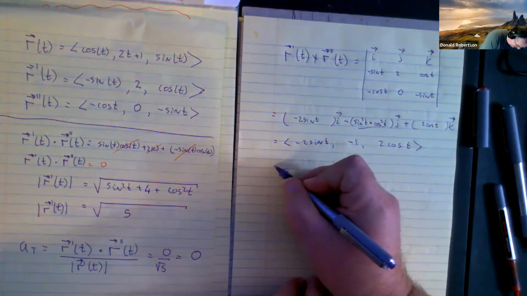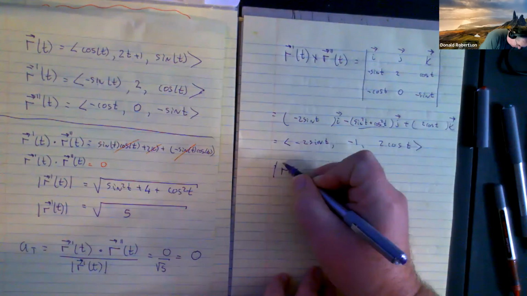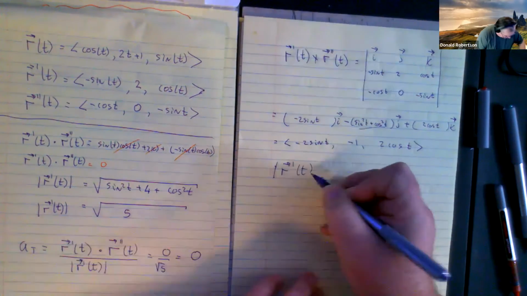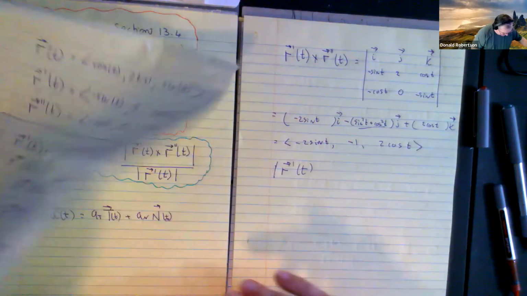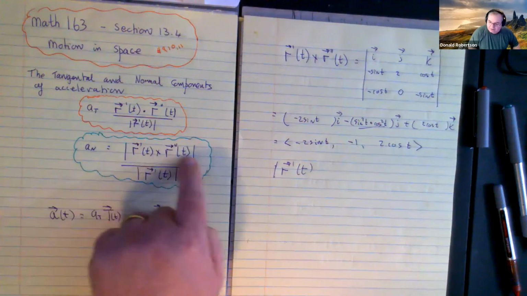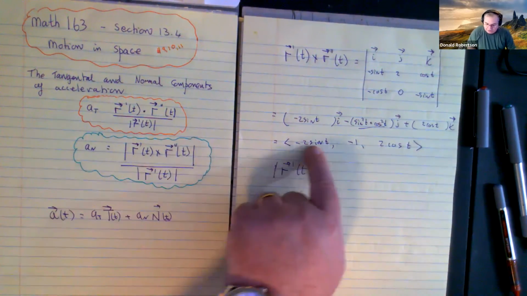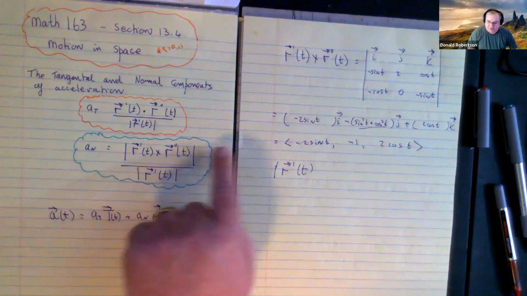Now, I need to know the magnitude of the cross product, because my formula has a magnitude, right? So it's not this guy, but the magnitude of this guy.